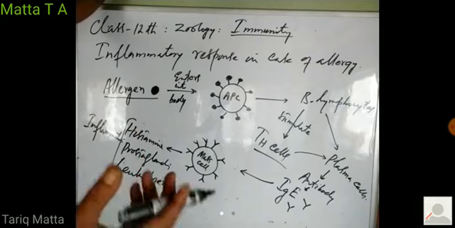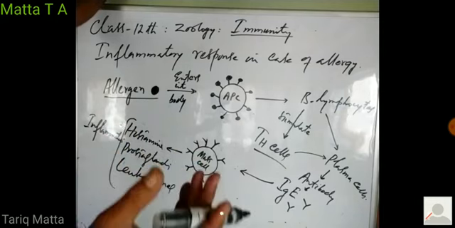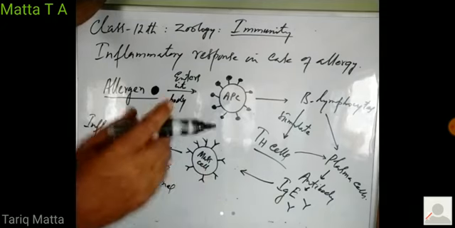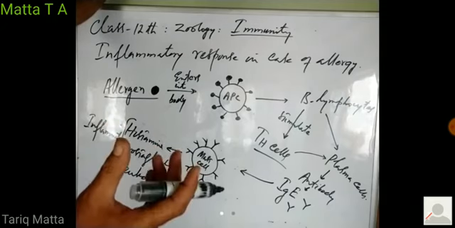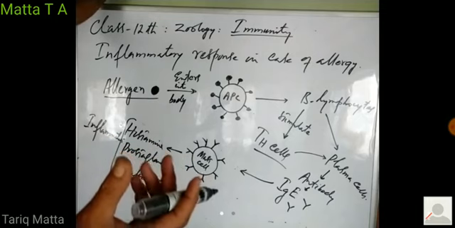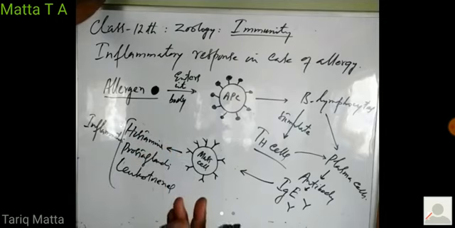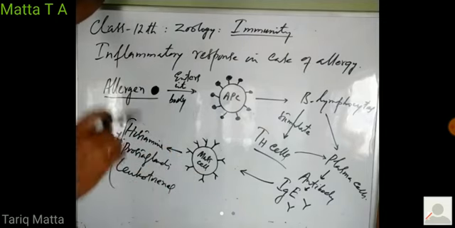So allergen can be any substance which is normal for the majority of the people. But for some people, this acts as an antigen. Our immune system recognizes it as an antigen and generates a response against it. So that substance is known as an allergen, right?